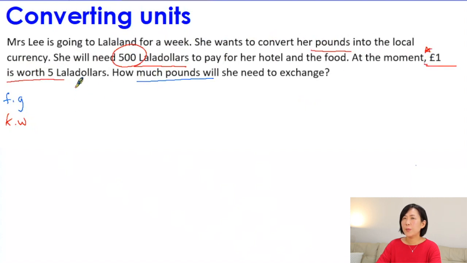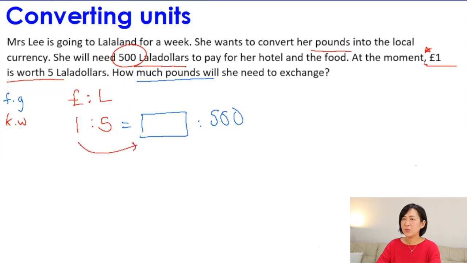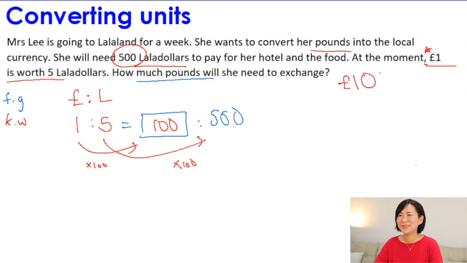So the ratio of pound to dollar is 1 to 5. So that is equal to, again, you've got a missing value, that is the pound. Then she needs $500. So let's see, 5 became 500. That means we times by 100. The answer is she needs 100 pounds.